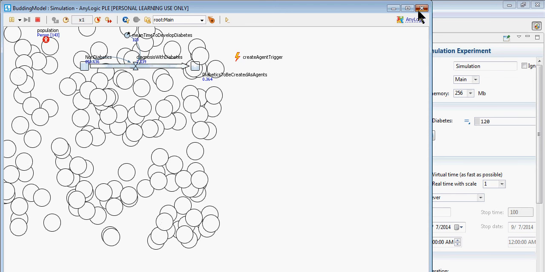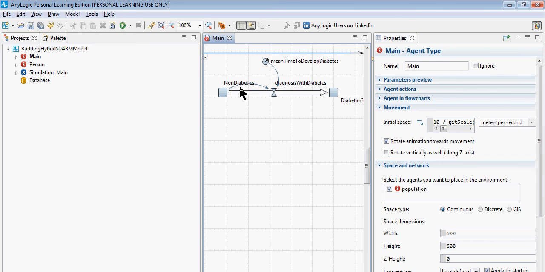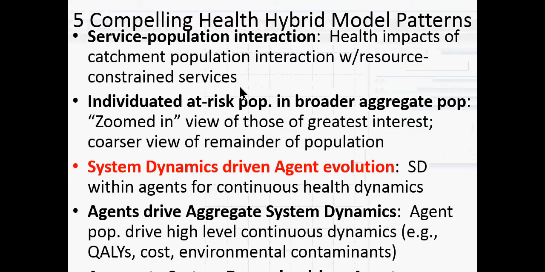So we might have a very rich system dynamics model, but at some point these agents transition across a key flow, and they get placed in a stock of people waiting. These are waiting to be queued as agents, and then periodically, whenever this goes above 1, we'll create an agent. And what happens when we create an agent? Well, we add each one to be created to the population.